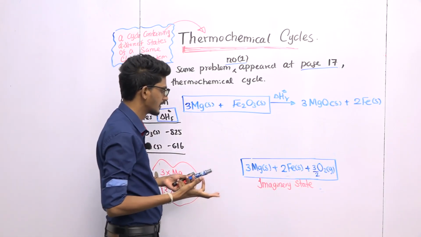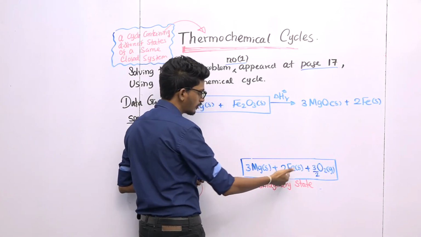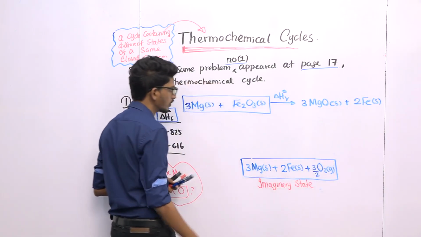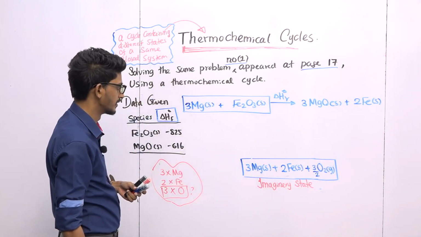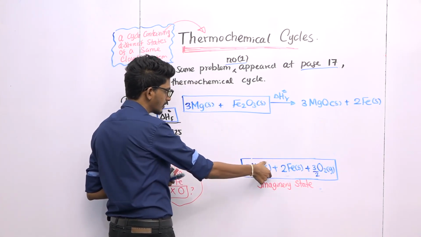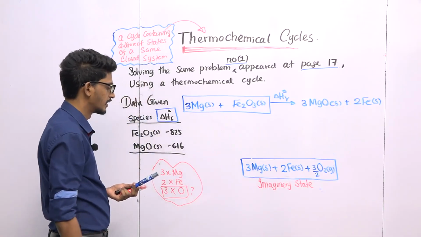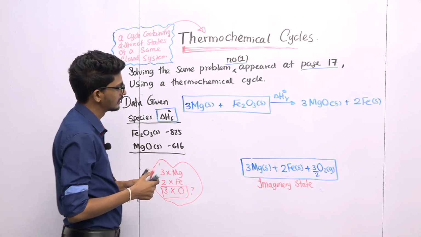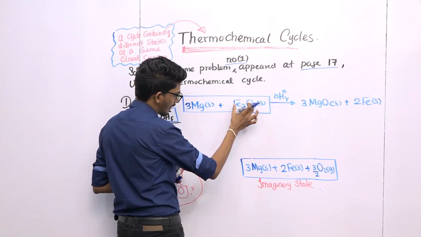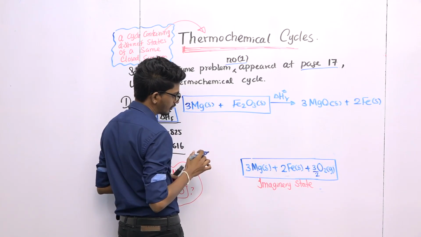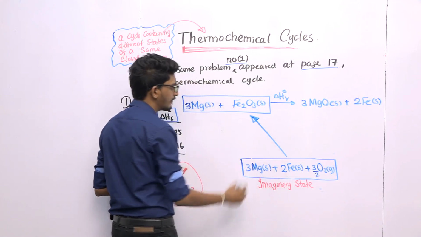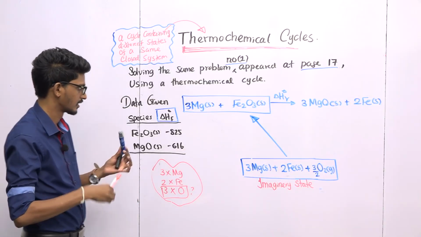What has happened is actually the 2 of Fe solid and 3/2 of O2 gas have been converted to Fe2O3 solid here. That is the change that occurred when converting this imaginary state to this state. So actually that is all about the formation of 1 mole of Fe2O3 solid, right?